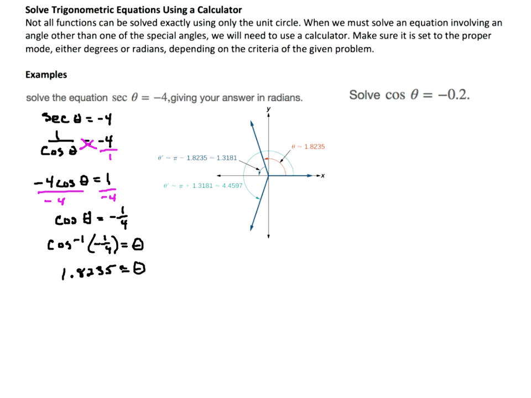And because we know that there's that potential of having another solution show up, what we do is we take pi and we subtract our initial theta angle, and that gives us the reference angle.